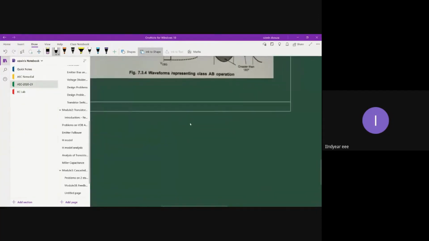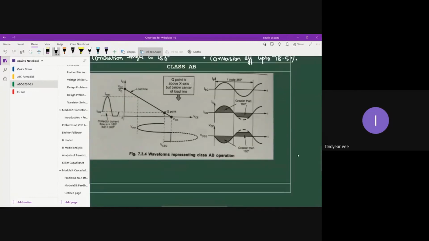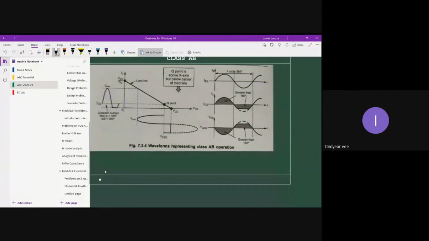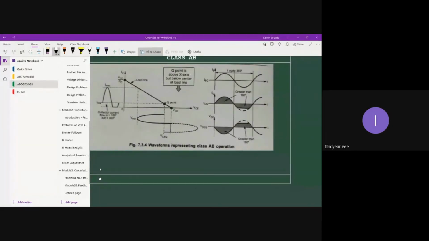Okay, now let us look at the last type, which is called class AB power amplifier. This class AB power amplifier is kind of a hybrid amplifier. It falls in between class A and class B, in the sense that the conduction angle is greater than 180-degree but less than 360-degree.